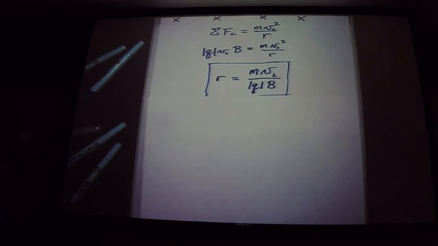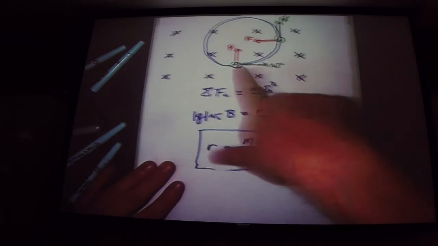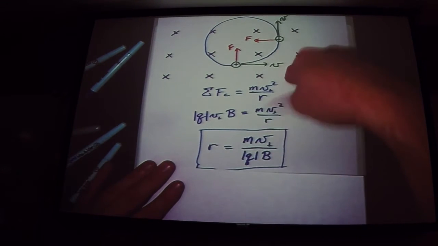If you go back to your rotational motion equations, this velocity is tangent to the circle.